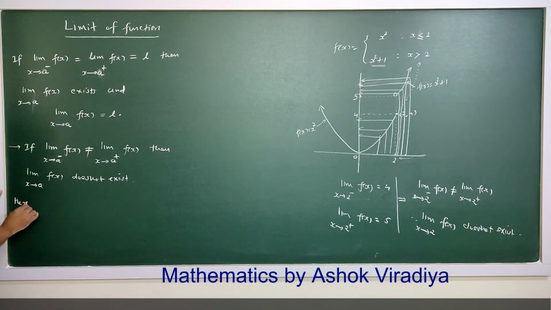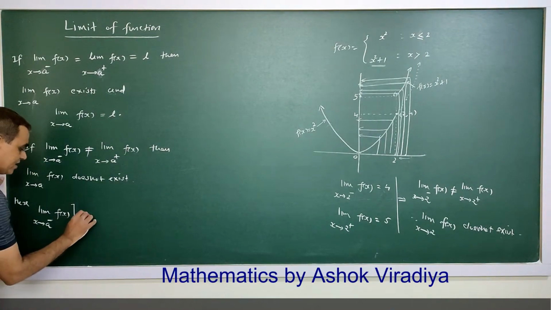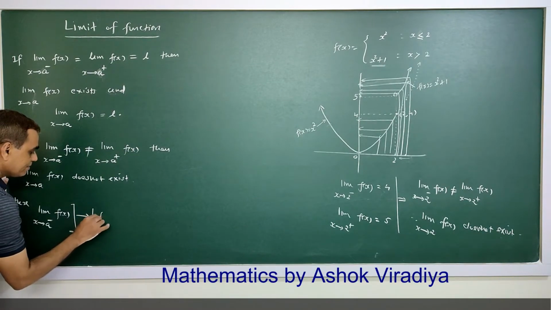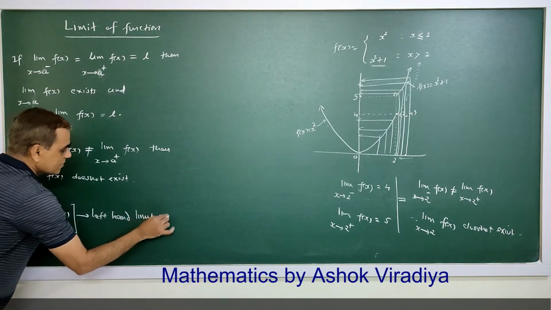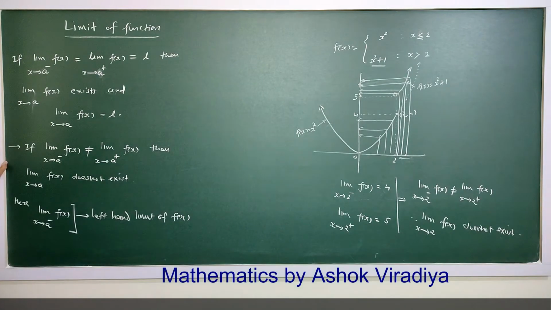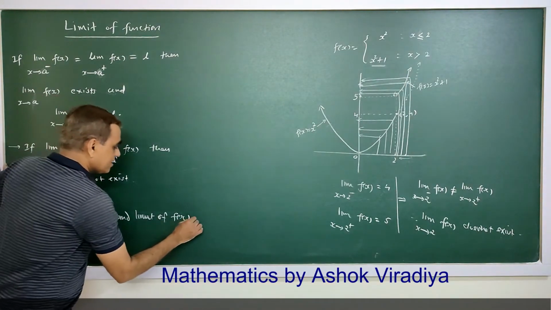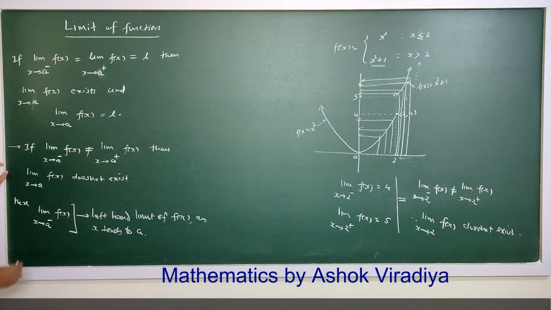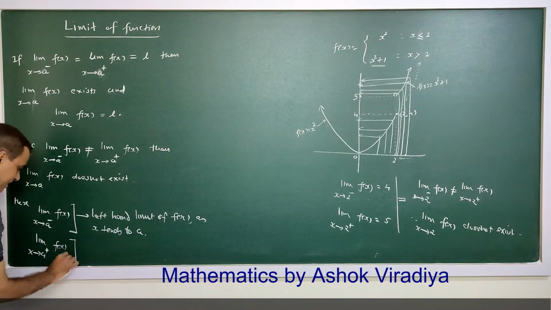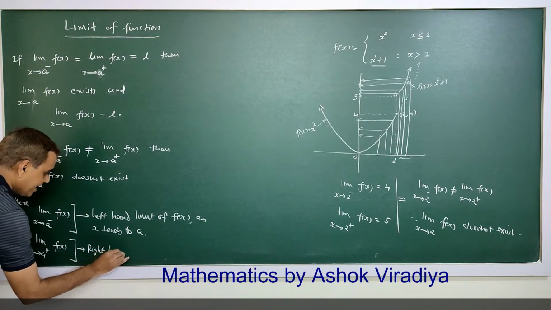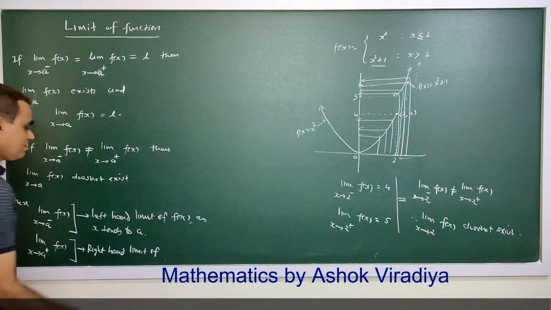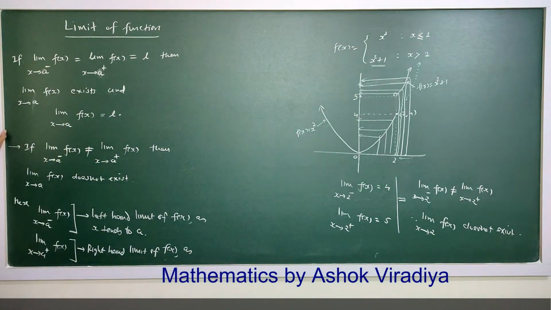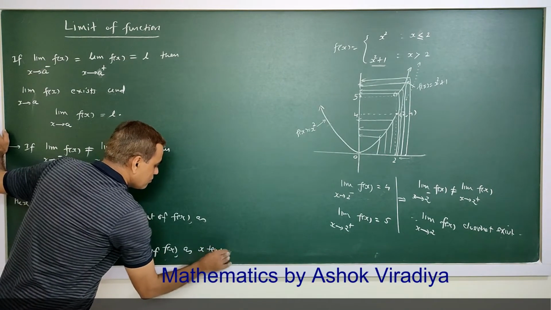Say here, the limit of f(x) as x tends to a from the left side is read as the left hand limit of f(x) as x tends to a, and the limit of f(x) as x tends to a from the right side is read as the right hand limit of f(x) as x tends to a.